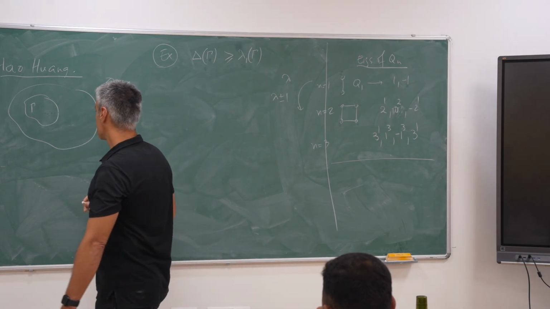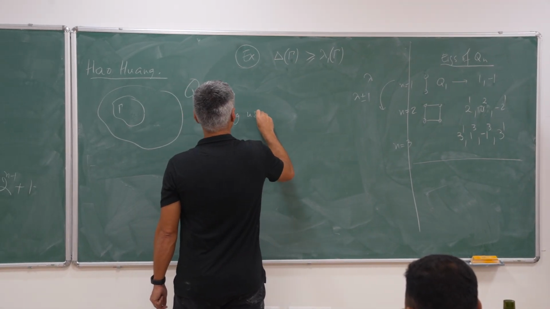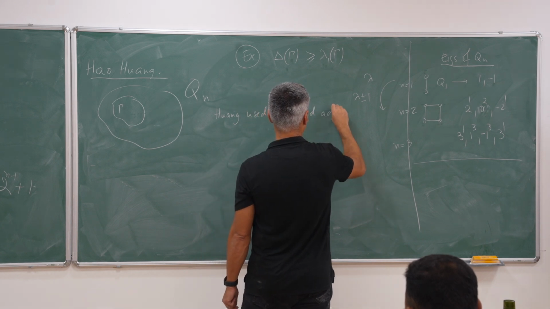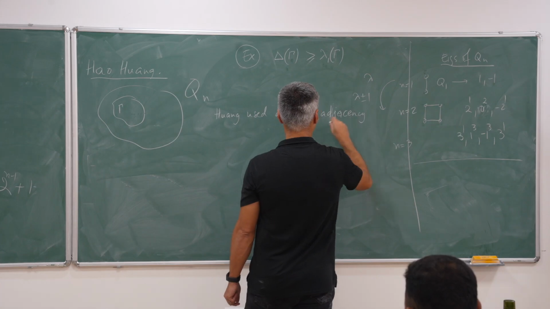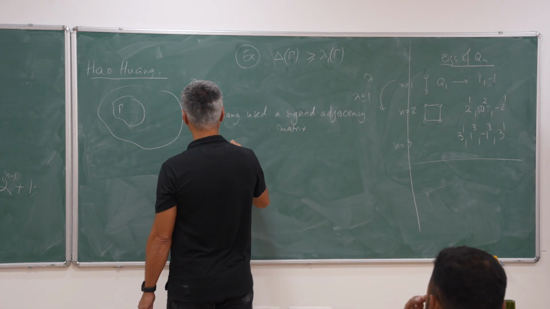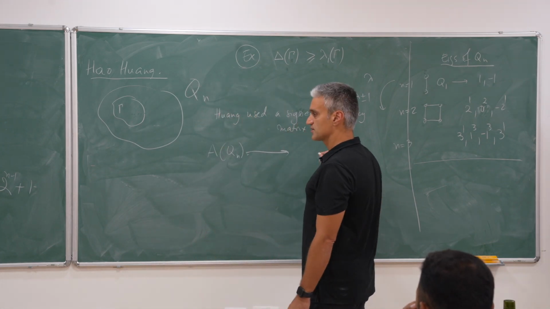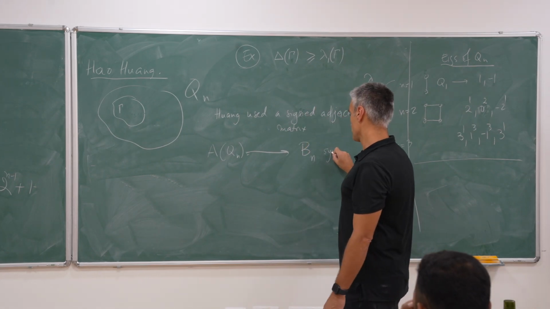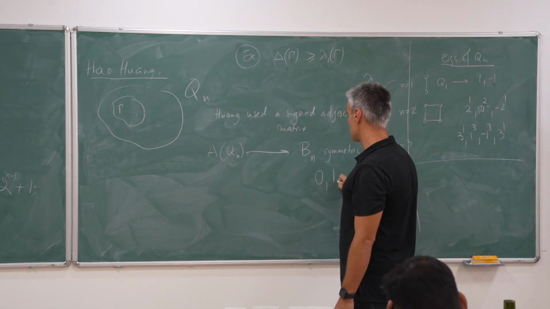Okay? So what Huang did, he used a signed adjacency matrix. He took the adjacency matrix of the Q_n, and from it he came up with another adjacency matrix, let me call it B_n, which is symmetric and has entries 0, 1, and minus 1.